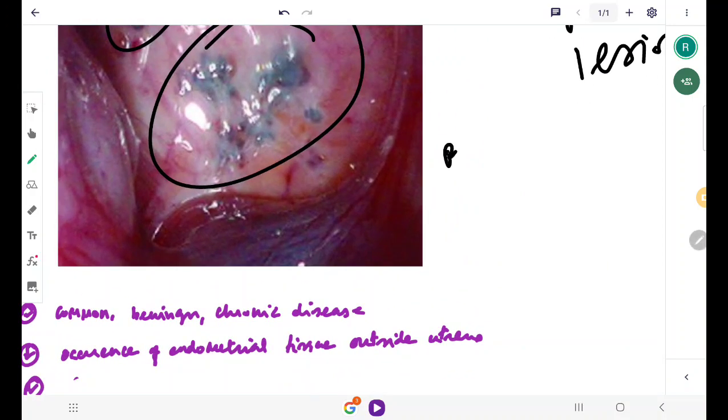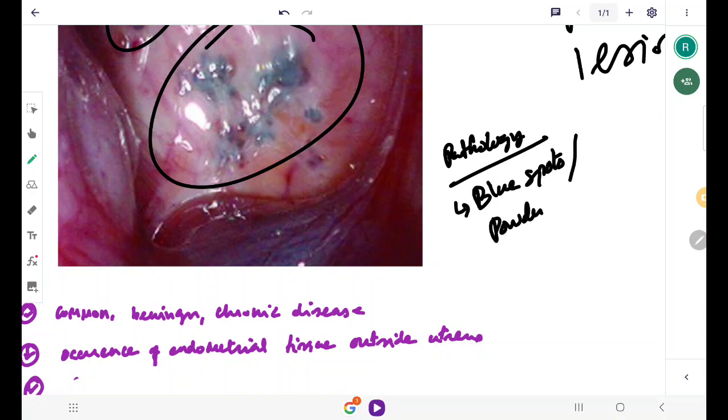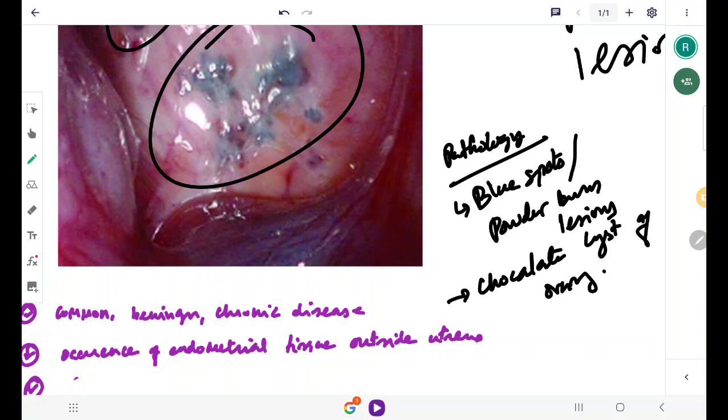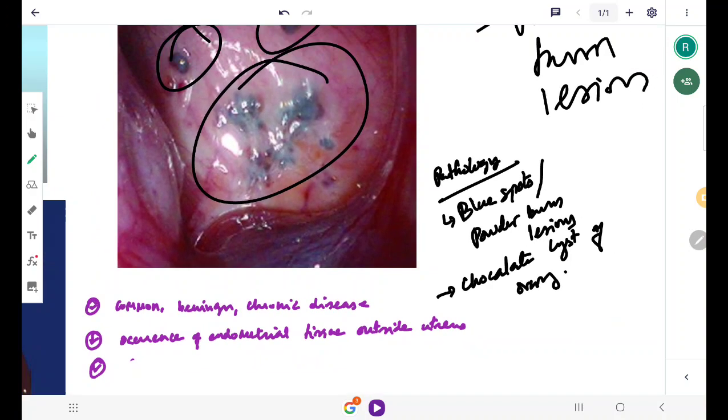So you have blue spots or powder burn lesions, and the chocolate cyst of the ovary. The chocolate cyst is due to the endometrial shed in the ovary, which cannot move outside.